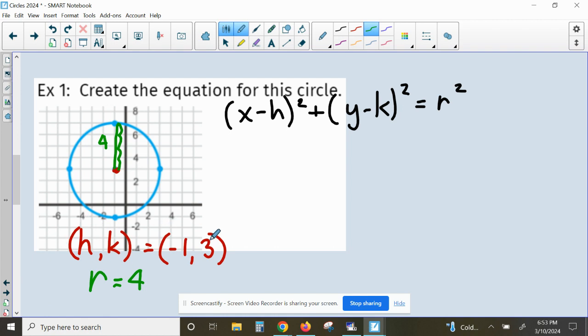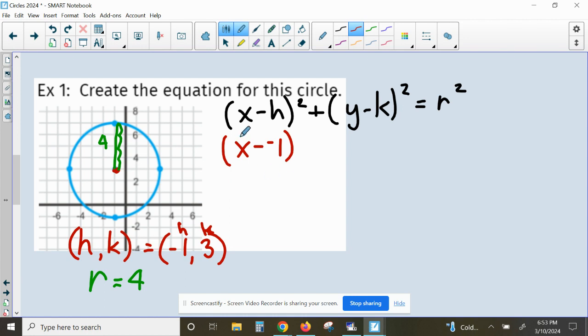After I have my h and my k and my r, then I'm just going to plug this in the formula. So I'm going to put an h by this guy and the k by that guy. So let's see. I've got x minus, I need the h, so that's a -1.